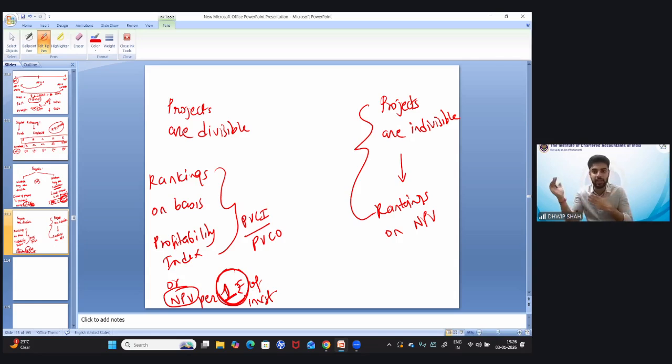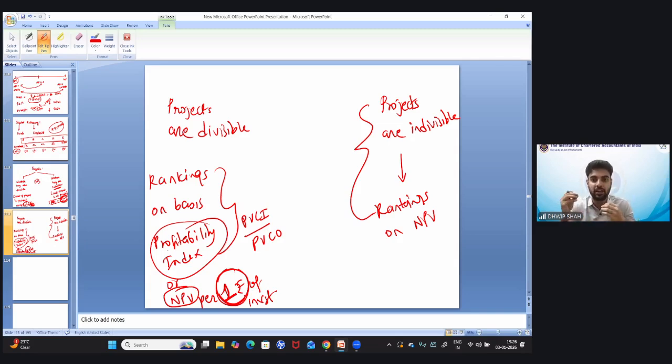There are multiple projects with positive NPV, so ideally all the projects should be accepted, but we don't have enough money to accept all the projects. So what to do? Capital rationing says: first of all, check whether the projects are divisible or indivisible. If the projects are divisible, then give rankings to the projects based on profitability index concept or NPV per 1 rupee of investment in the project. Okay? Give rankings according to this method and select the best ones and reject the last ones.